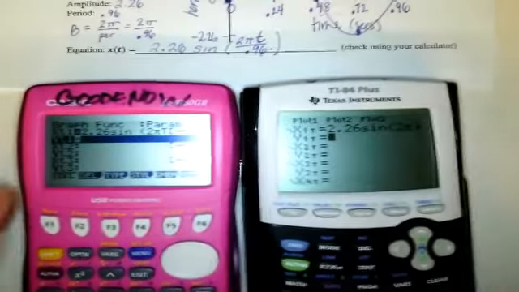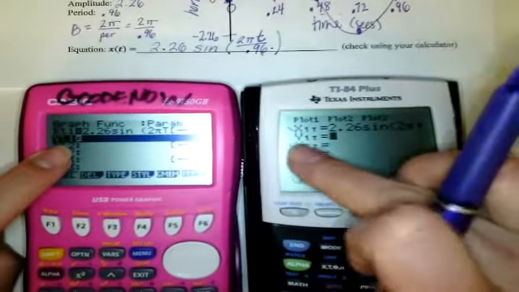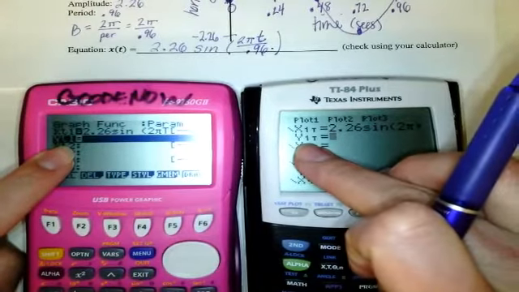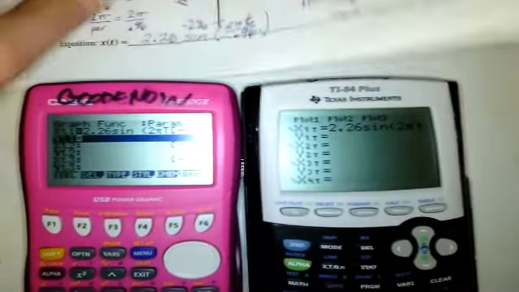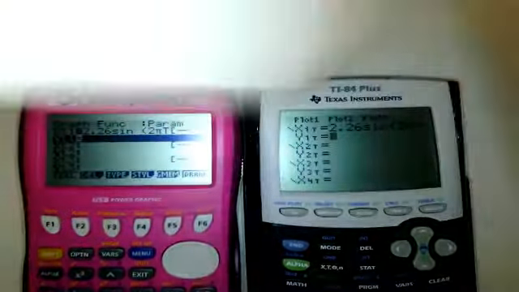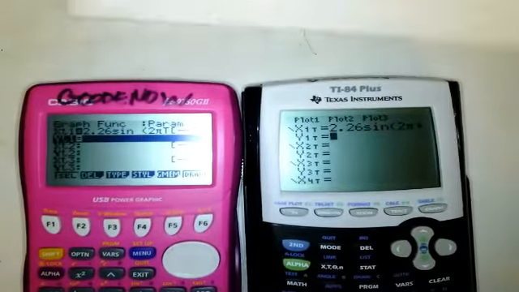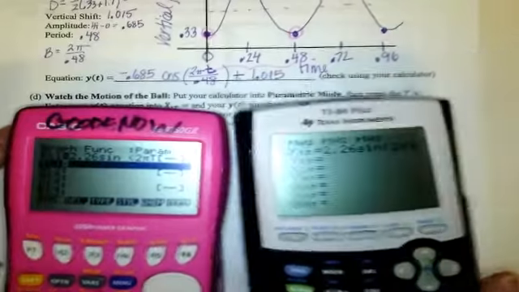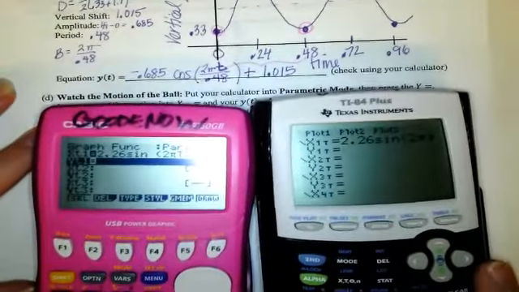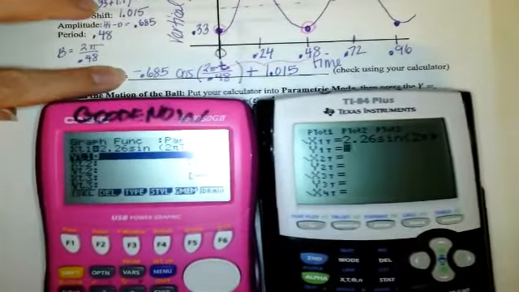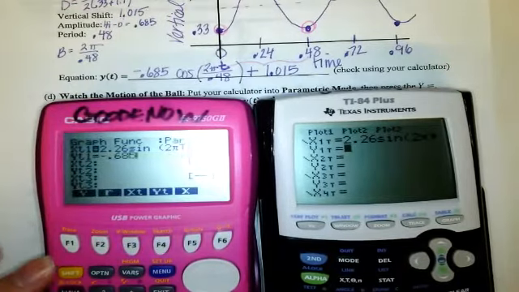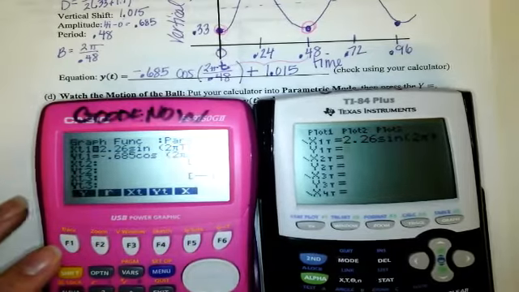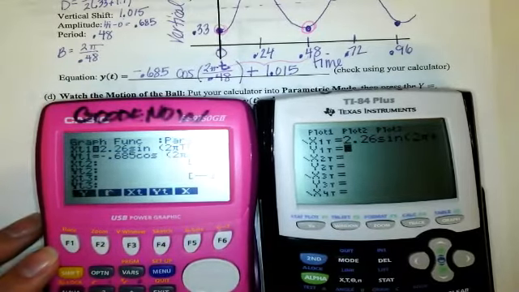Okay, and now you're going to type in the y of t equation, that second spot. We're going to type in our second equation that we found. So there's our y of t equation: negative 0.685 cosine of 2 pi t divided by 0.48.